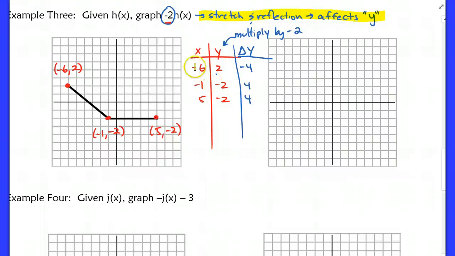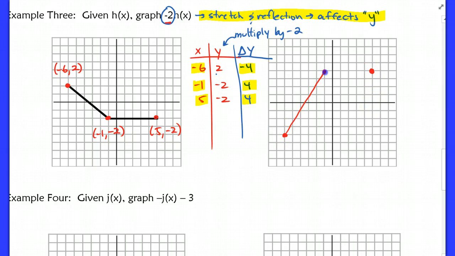So when I go to graph this, remember, you're graphing your same x value with this new y, this x value with this y, this x value with this y. So when I go over here to graph, at negative 6, negative 4, and negative 1, 4, and so on.